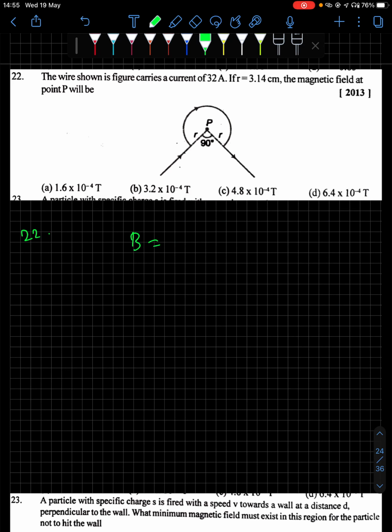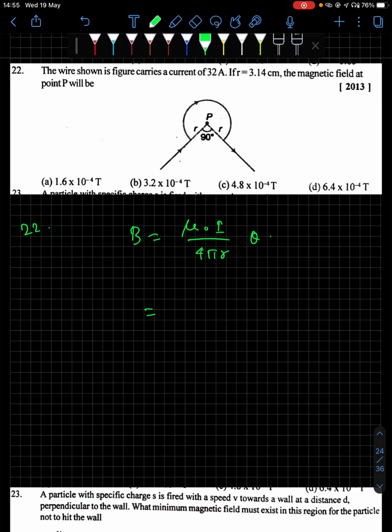B equals mu naught I by 4 pi r into theta is your formula. So mu naught by 4 pi is 10 to the power minus 7, into I value is 32, divided by radius value 3.14 centimeter.